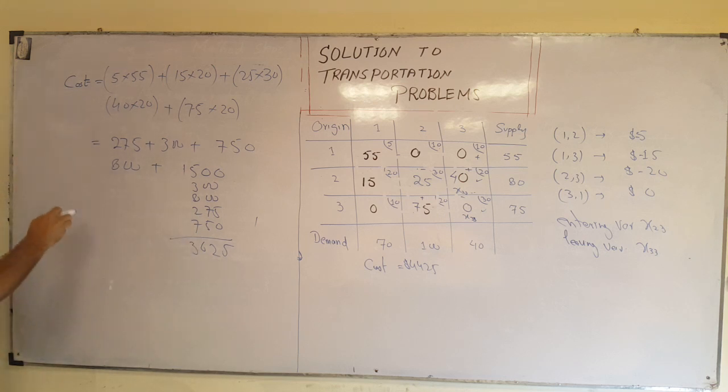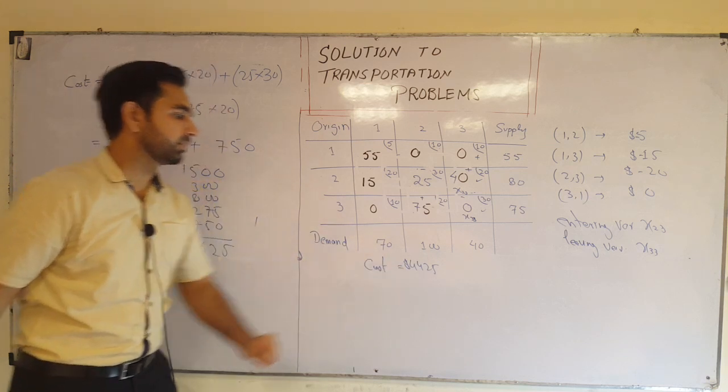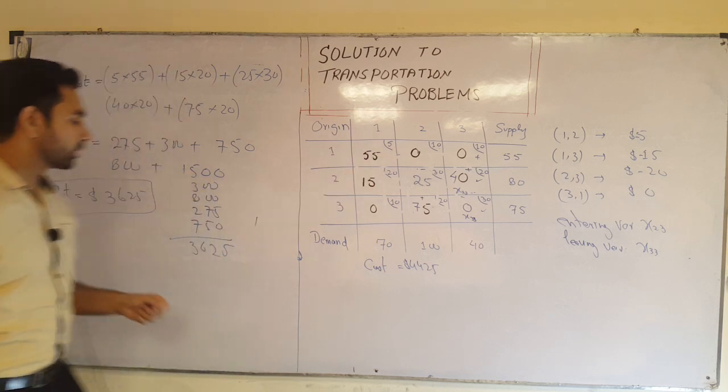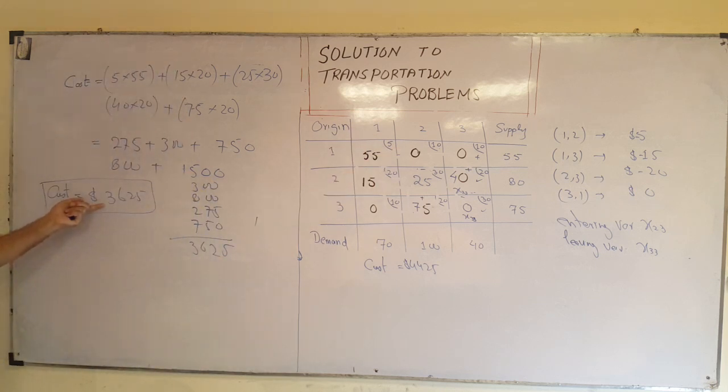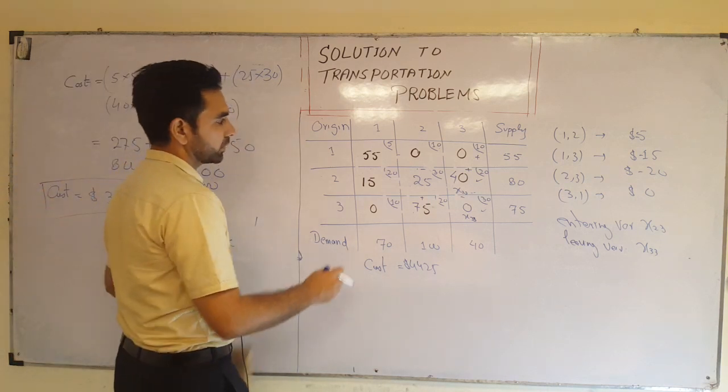So you can see that the cost now is $3,625. So the first cost was $4,425. Now when we improved, the cost is $3,625. Now again you have to repeat the process.